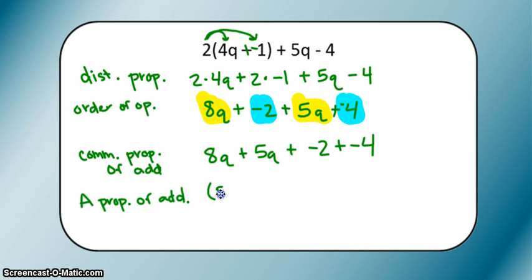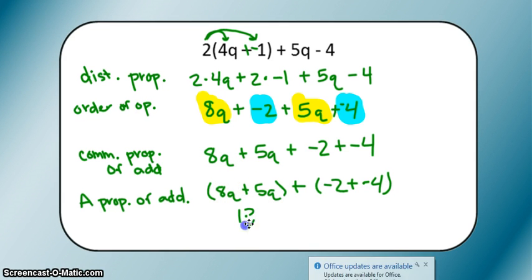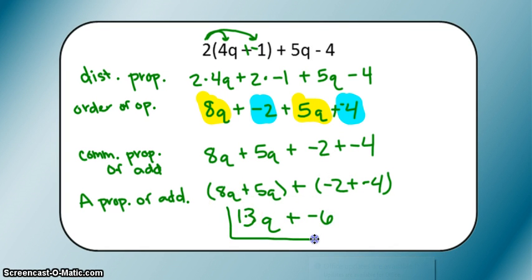So I get 8q plus 5q plus negative 2 plus negative 4. 8q plus 5q, that's 8q's plus 5 more, we get 13q. 13q plus negative 2 plus negative 4, that's negative 6. These are not like terms, so now we are done.